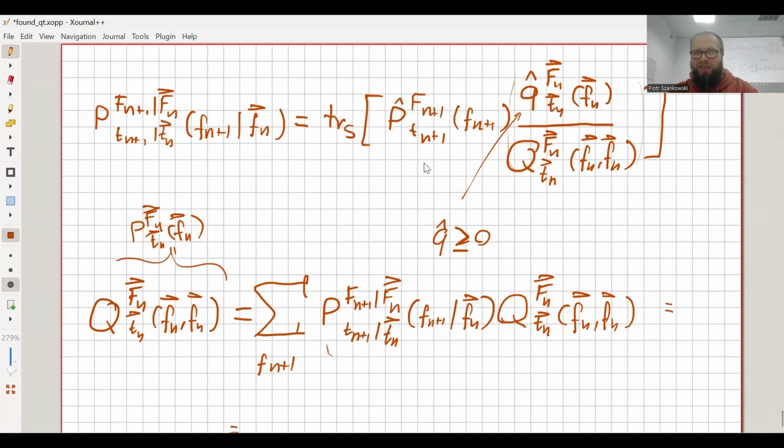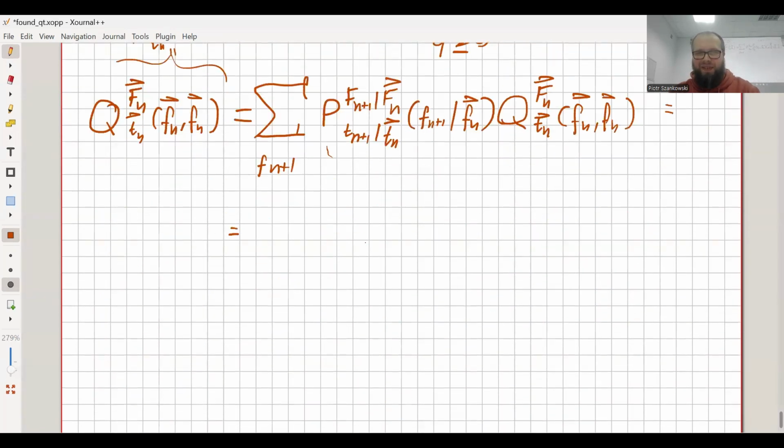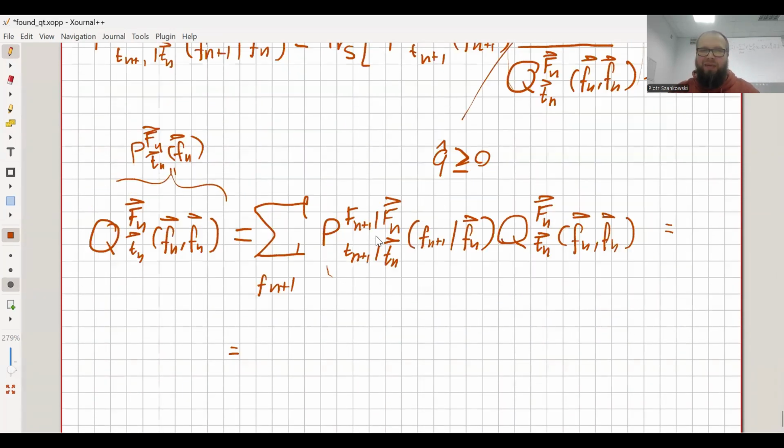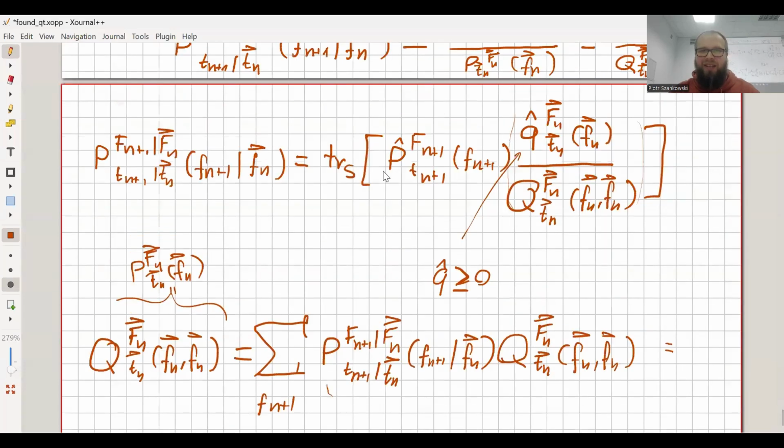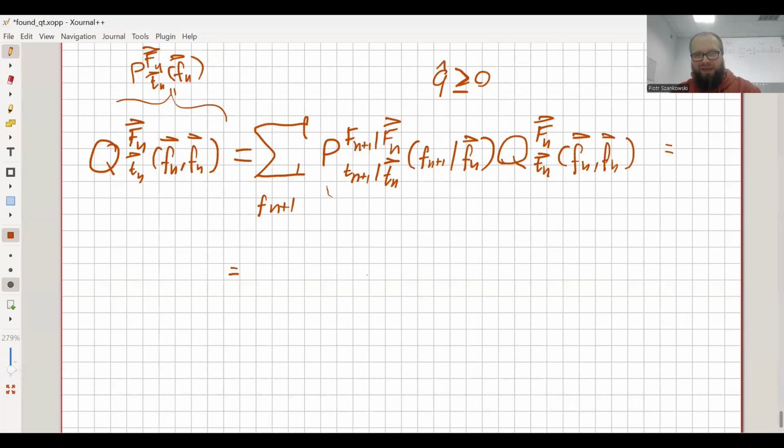I put in this formula, the denominators cancel, okay? And I enter with the sum under the trace, so I get identity from my projectors. And I get trace Q Fn Tn Fn. This is what I wanted to show.